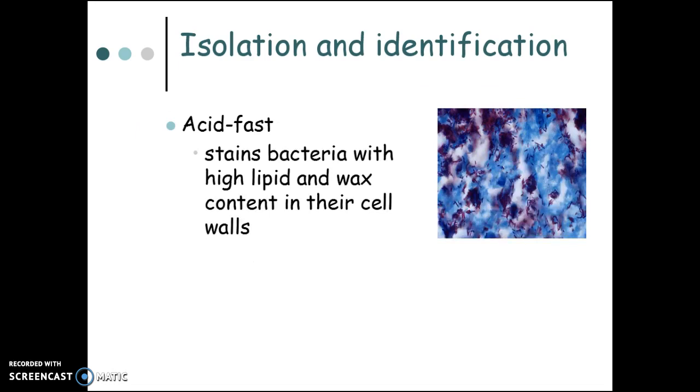Okay. So besides the gram staining, we also have the acid-fast staining, which stains the bacteria with a high lipid and wax content in their cell wall. For acid-fast bacteria, if we use gram staining, we might not be able to observe it under the microscope.